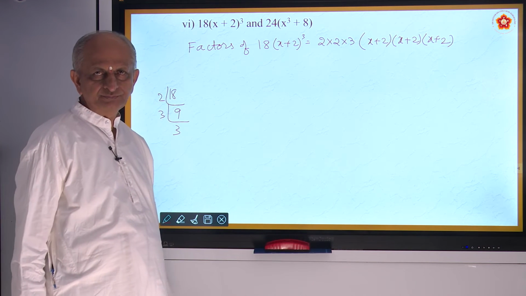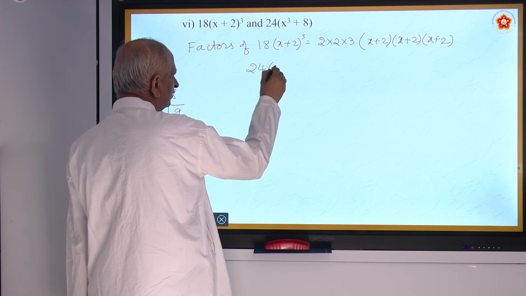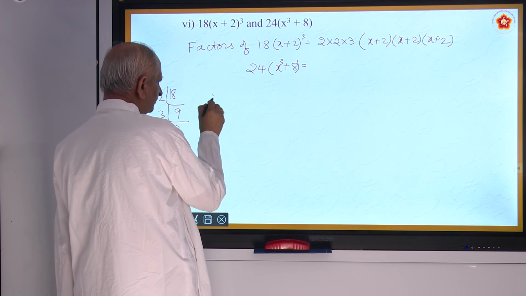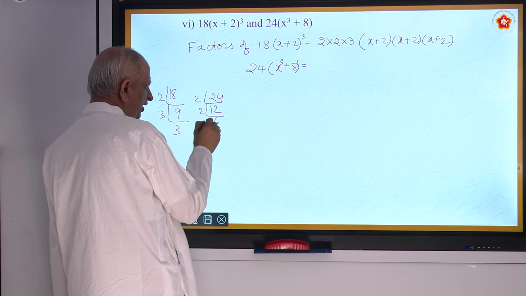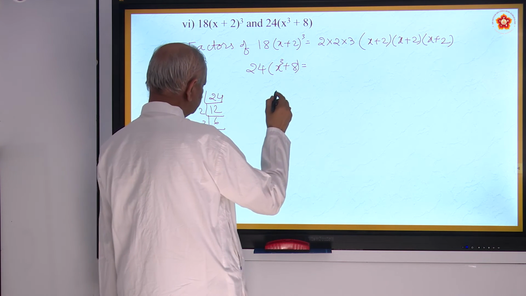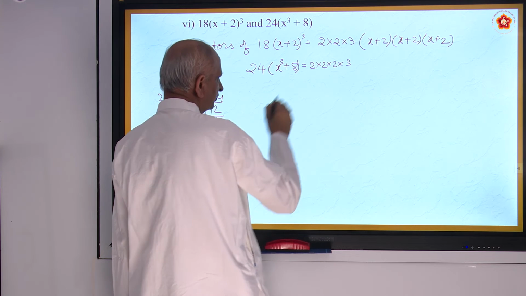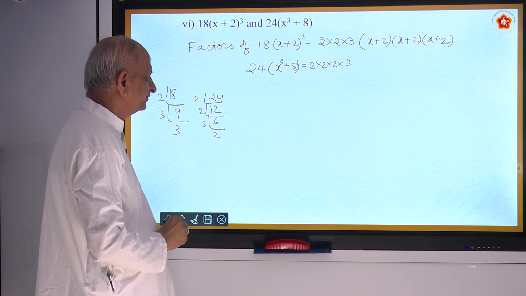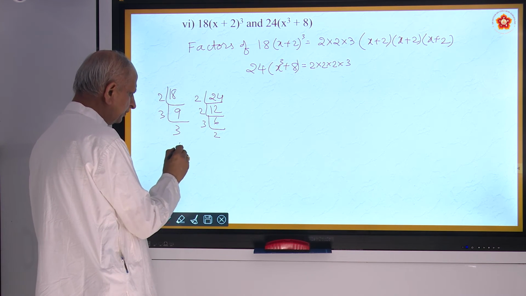Okay. That is that. Second one is 24 into x cube plus 8. How to get the factors of 24? 2 12s are 24, 2 6s are 12, 3 2s are 6. So 2 into 2 into 2 into 3, and x cube plus 8. How to factorize it? Using the formula a cube plus b cube, right?